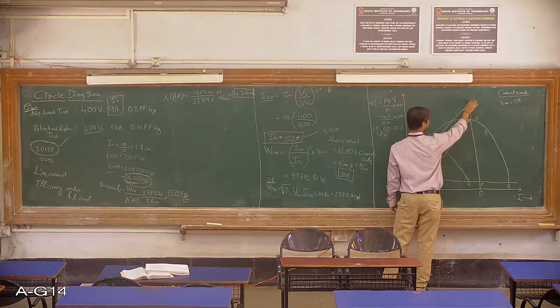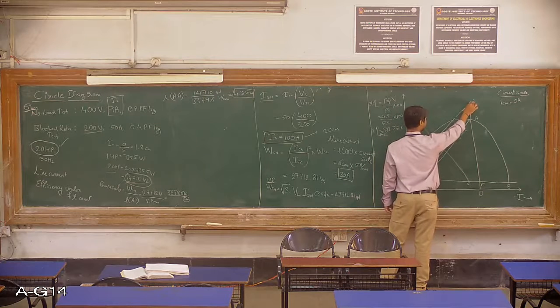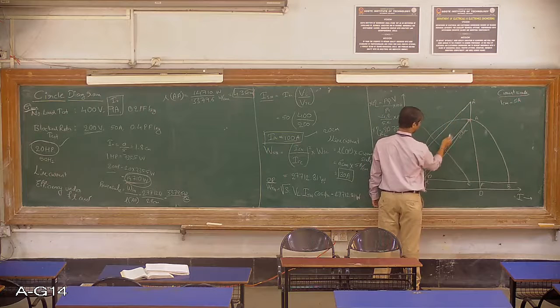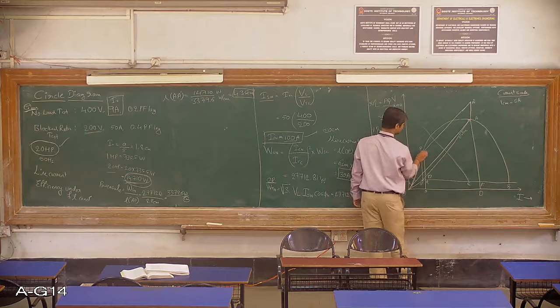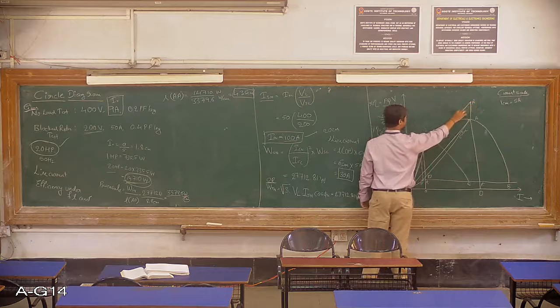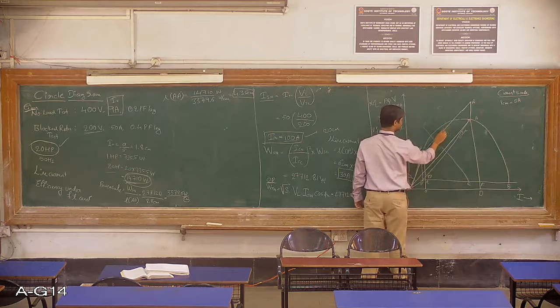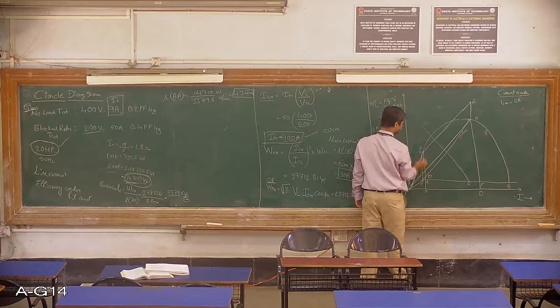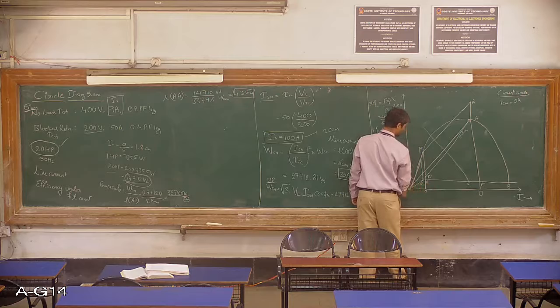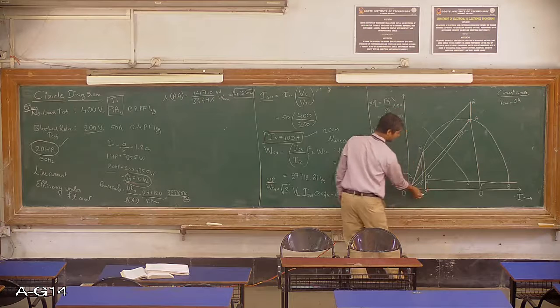So draw a line parallel to this output line till it reaches the semicircle at point P. Now from the point P, draw a line vertically downwards till it reaches the horizontal axis at point S.